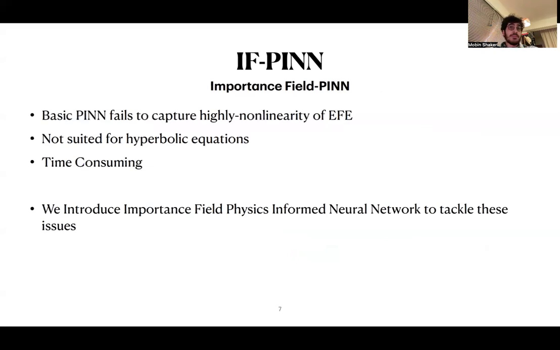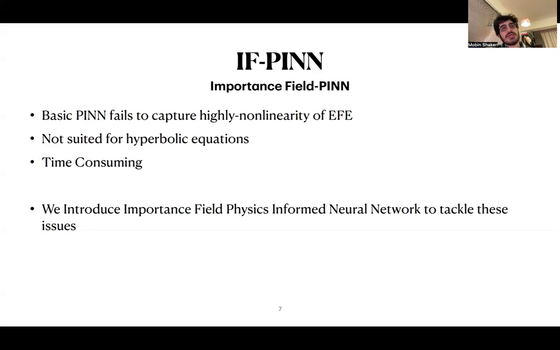Now, PINNs are very promising, but they struggle with hyperbolic PDEs such as Einstein's evolution equations, and they still have slow convergence. They also require a very large number of collocation points, since at the end of the day, we usually end up gridding the domain anyway.